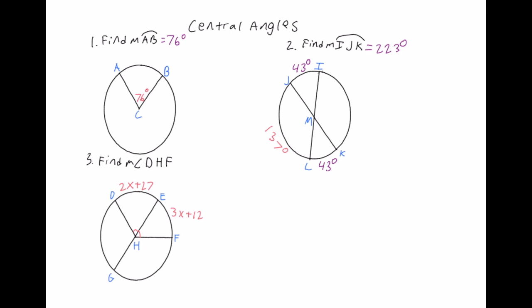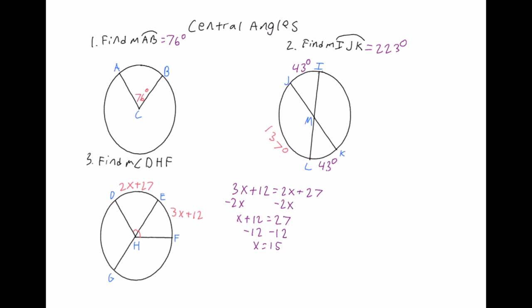So if these are congruent, we set them equal to each other and solve for x. So subtract 2x from both sides. That'll give you x plus 12 is equal to 27. Subtract 12 from both sides. That'll give you x equals 15.